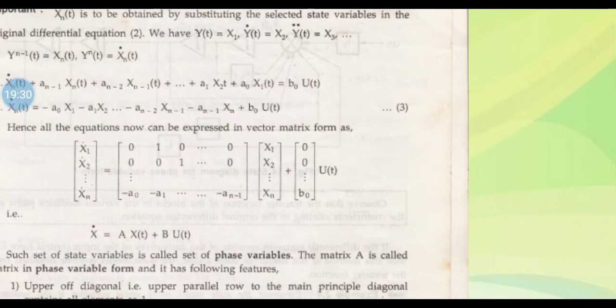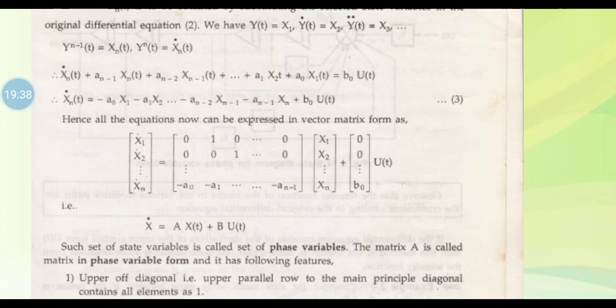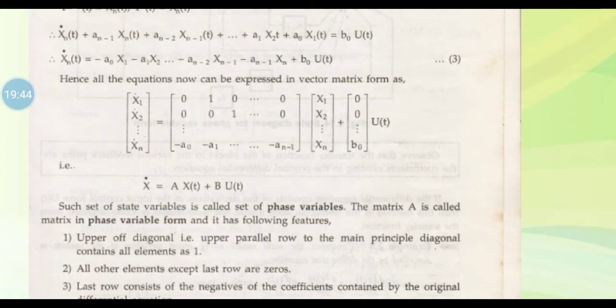Then the matrix A is called the matrix in phase variable form, and it has the following features. What are the features of that matrix A in phase variable form? We will see. First, the upper diagonal, that is, the row parallel to the main principal diagonal, contains all elements as 1.